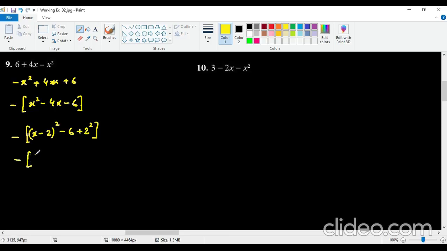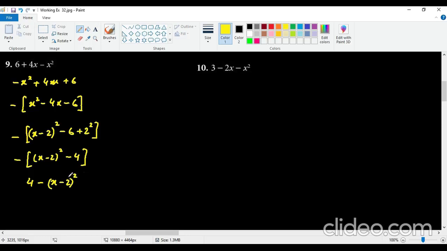This will become (x − 2), and this is going to give us minus 4. Now this minus sign is going to be multiplied by each of them separately to give you 4 first with a positive value, and minus (x − 2) whole square, which is going to give you a perfect answer for this question.